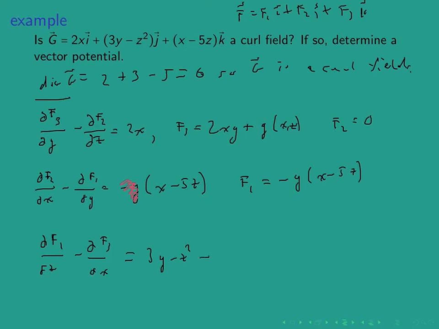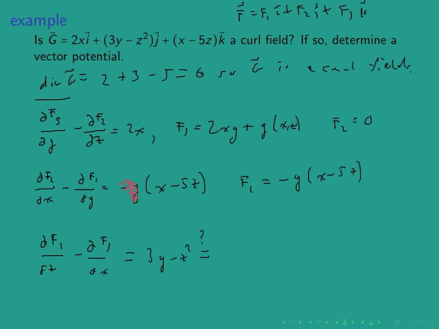Okay, so what I need to figure out, can I make this happen? So I need to calculate the partial of f1 with respect to z minus the partial of f3 with respect to x, and see if I can pick g that will give me this as a result.